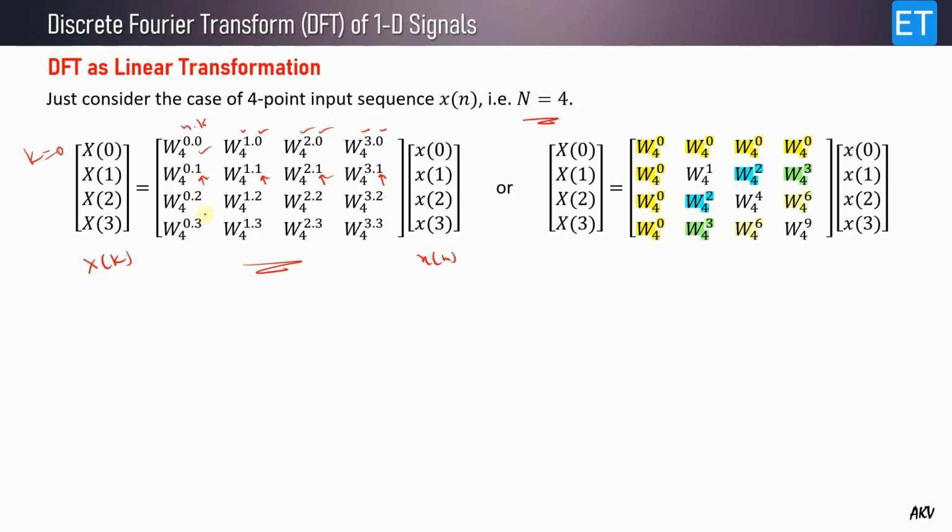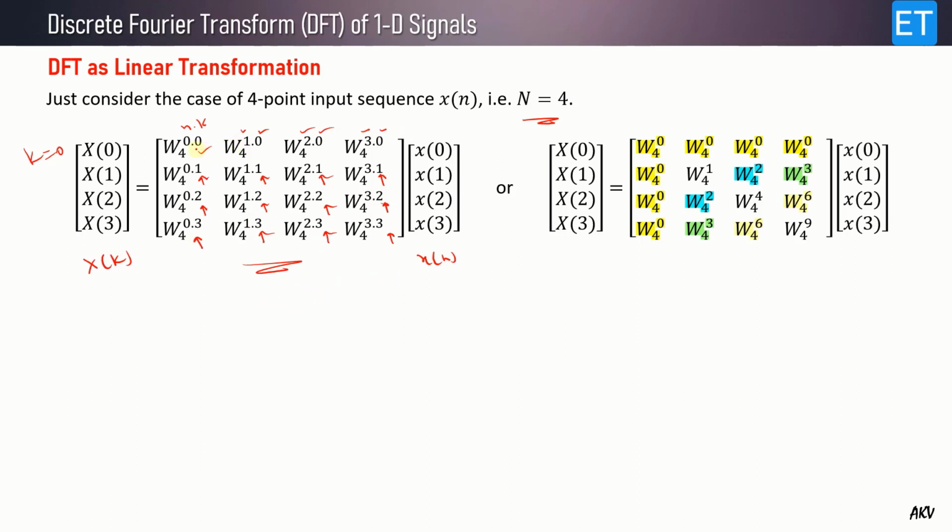In third row k is 2 and n is varying from 0 to 3 and in the last row k is equal to 3 for all columns and n is again varying from 0 to 3. So it is very easy to write, and you can write any size matrix like this.